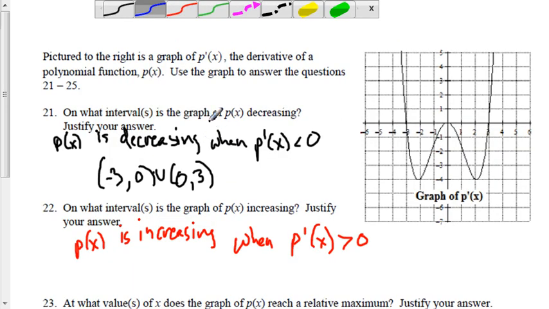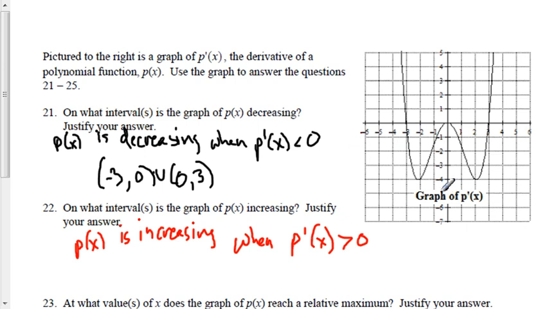Okay, so let's look at where the graph of the original function is decreasing. They give us the graph of the derivative. Well, I know the original function is decreasing whenever the derivative is less than 0. So hey, -3 is the critical value. That's where the derivative is 0. And then not including the -3, but all the points from -3 to my next critical value, 0, not including the 0.